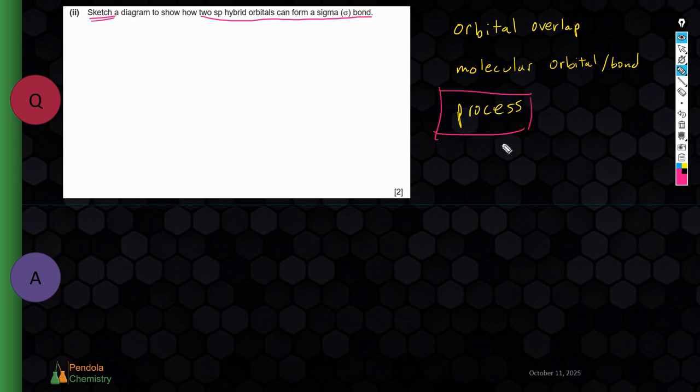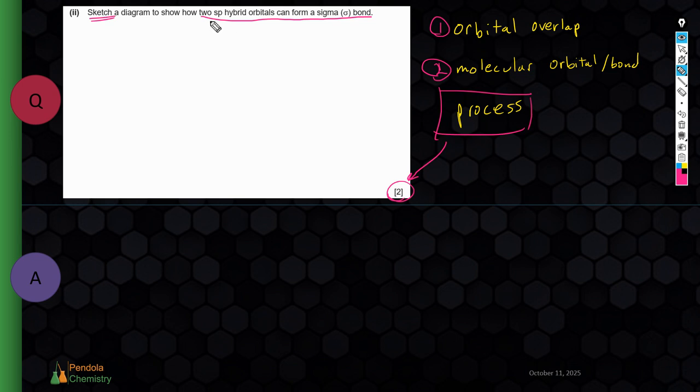Meaning this is talking about a process, which means it's going to have more than 1 step. And that makes sense. If we look at the marks here, this is a 2-mark question. So this process is going to have 2 parts to it. One will be the overlap, which atomic orbitals or hybrid orbitals are overlapping, and the second step being the molecular orbital. Some questions will ask you about just one of these steps, some questions will ask you to draw the whole process.